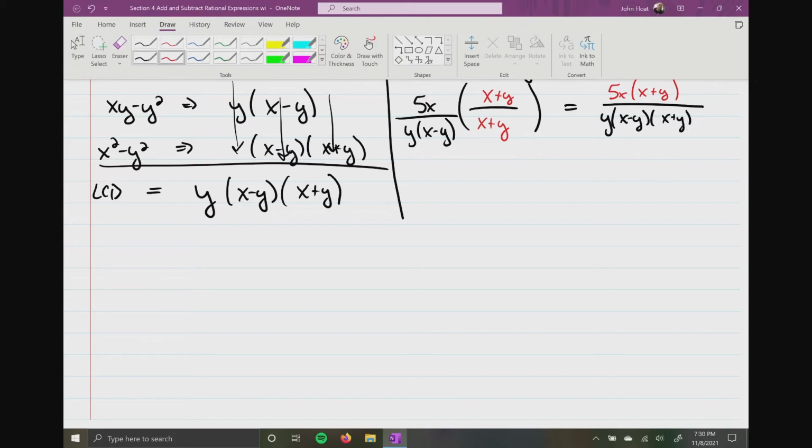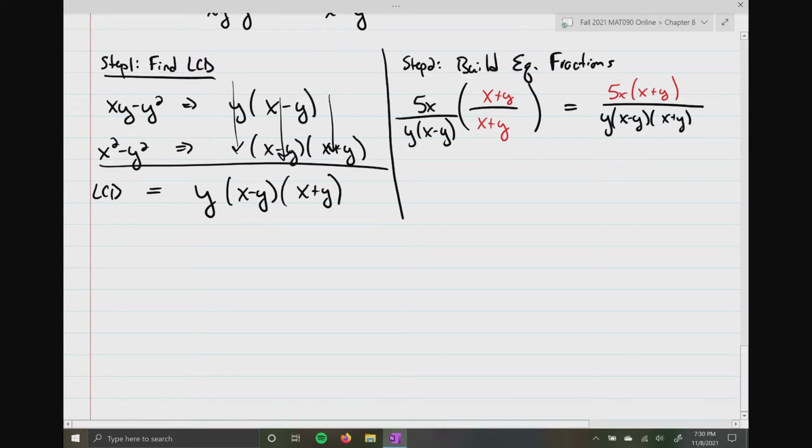Now for the second fraction, that was 2x over x minus y times x plus y. Now remember, we want to get a denominator of y times x minus y times x plus y.